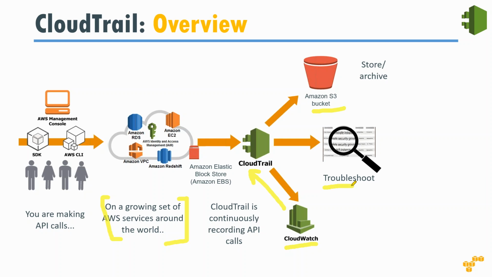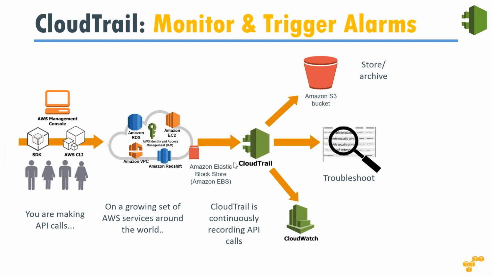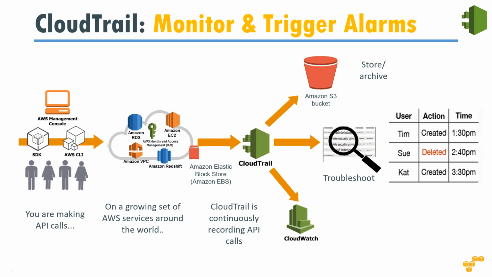This is just a logical overview, just to make you understand where CloudTrail fits into the entire architecture or in AWS itself. It's very simple and straightforward. So when we are talking about triggering an alarm or alarm state, yeah, there we go.